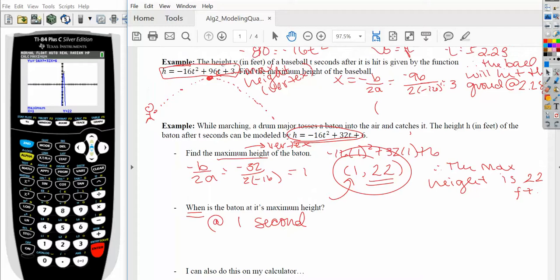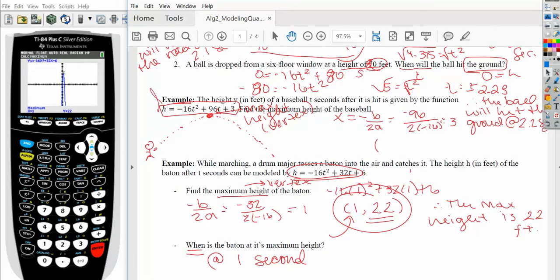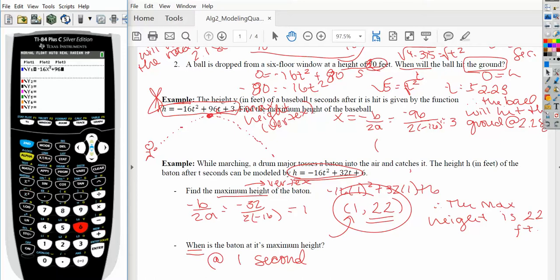If I scroll up, can you practice with that one? So I would do the exact same thing. I'd do y equals, and I would do negative 16x squared plus 96x plus 3. And then I'd hit zoom 6.